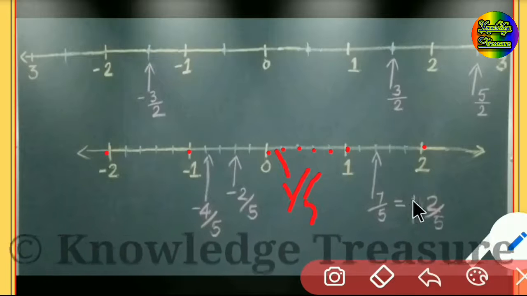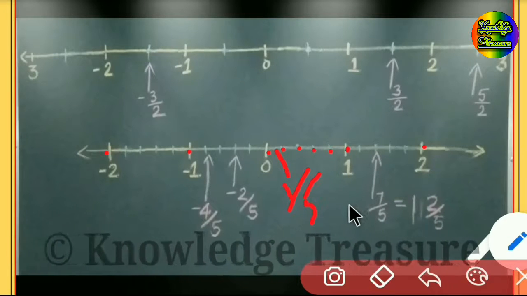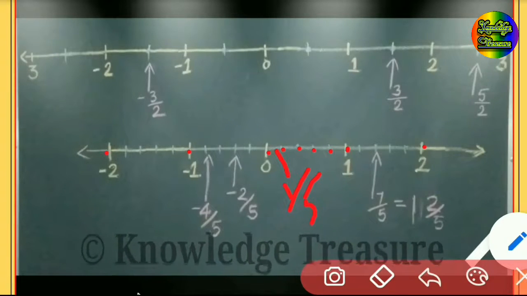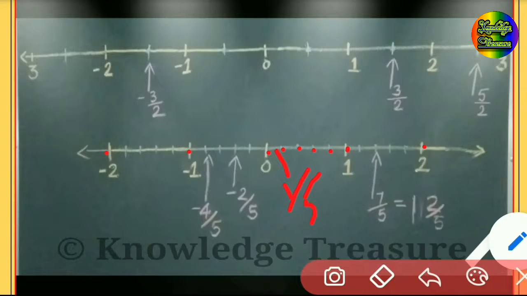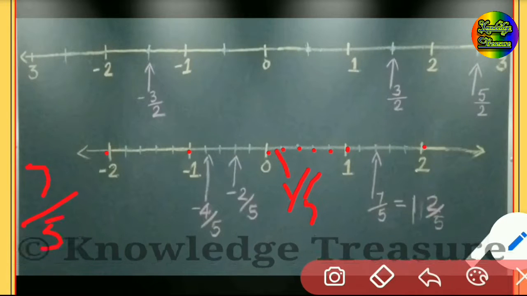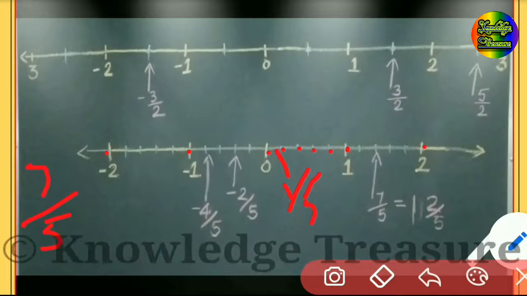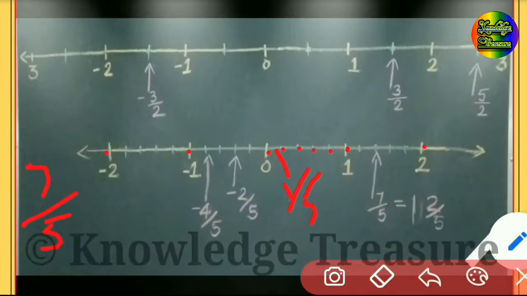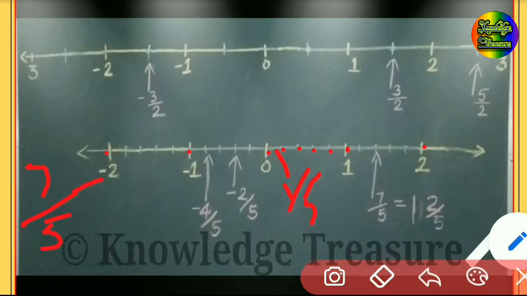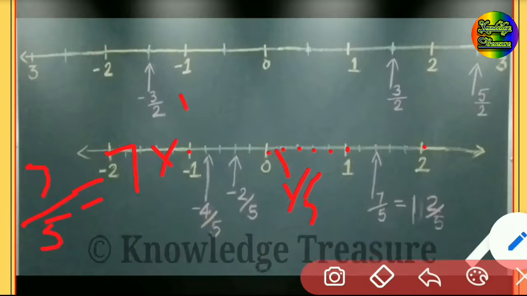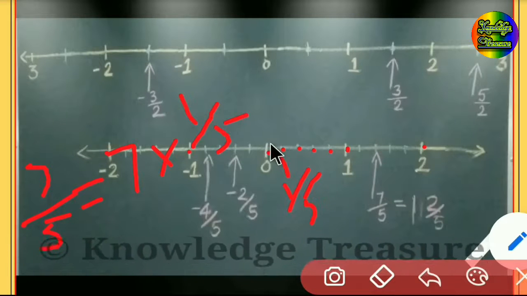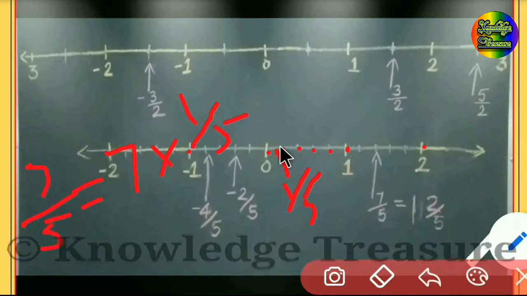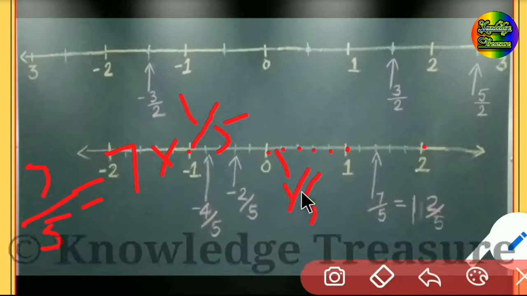Now, let us see. First, which number do you have to show? You have to show 7 upon 5. How can you write 7 upon 5? 7 upon 5 can be written as 7 into 1 upon 5. Each subunit has the value 1 upon 5.